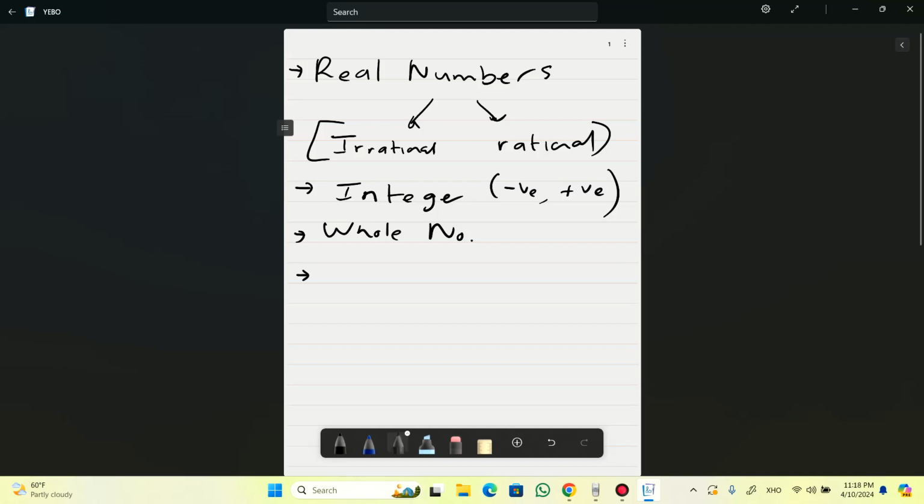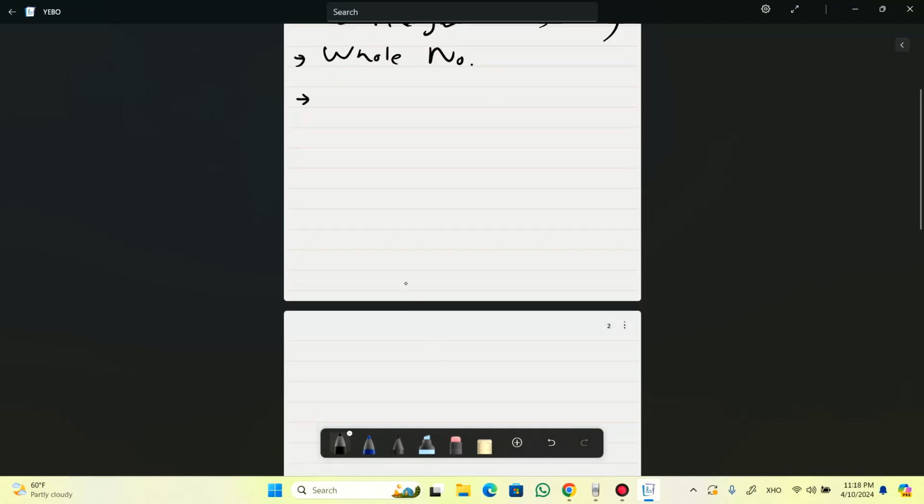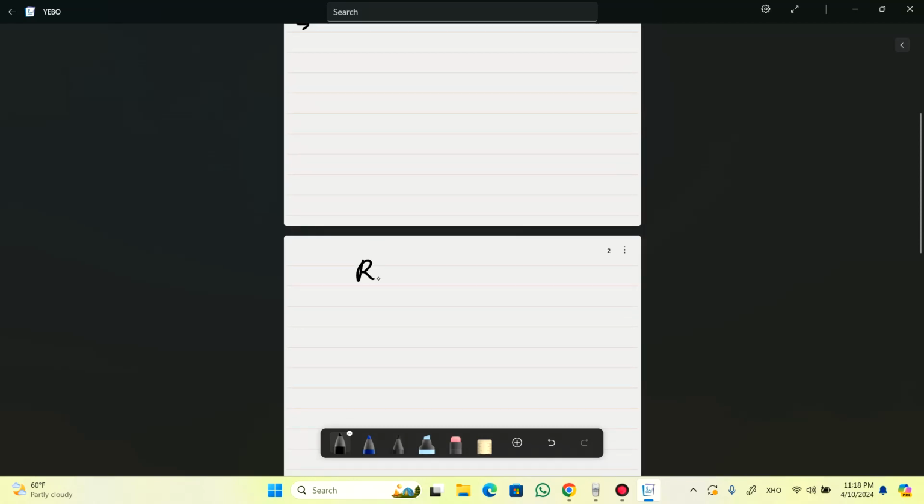Let's first start with a real number. Let's first understand what a real number is. From the word, a real number means the number has to be real. It can be a decimal, it can be anything, as long as it is real.